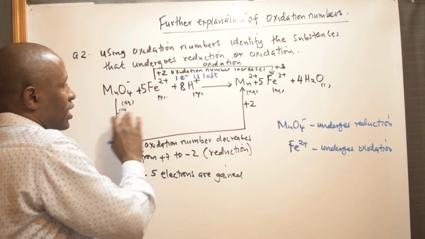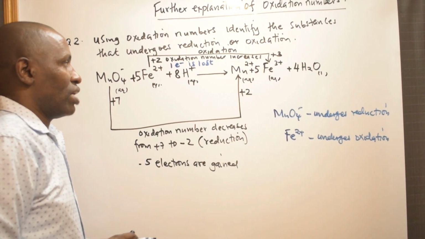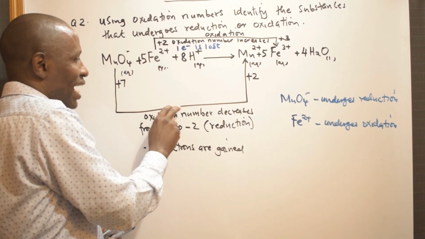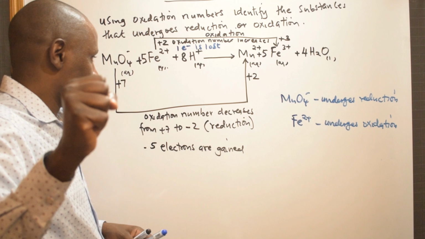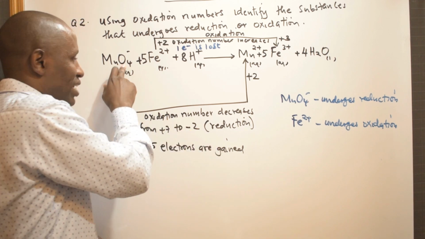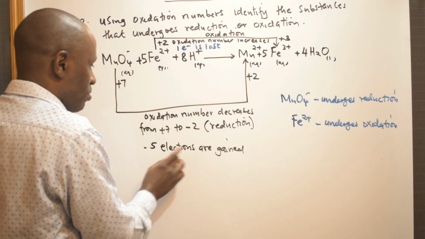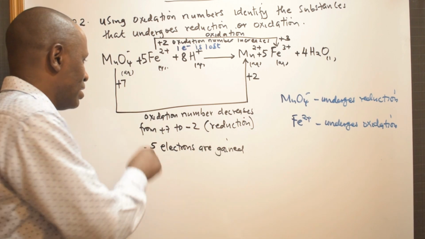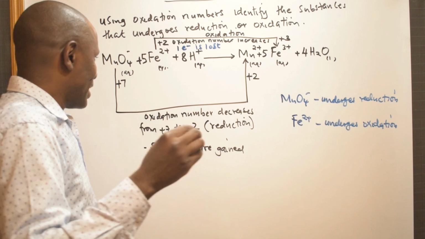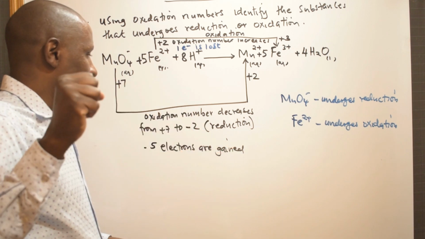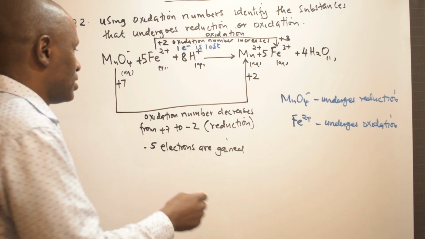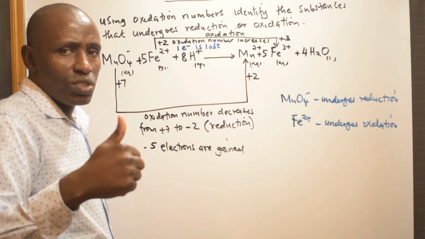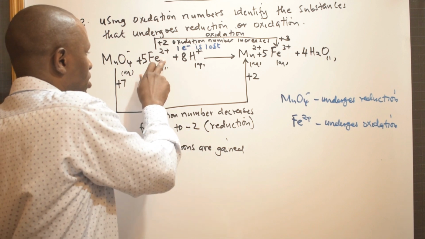And you can tell, when you're balancing this equation, that each of these manganese ions is gaining 5 electrons, not releasing. That means the iron ions must lose 5 electrons.